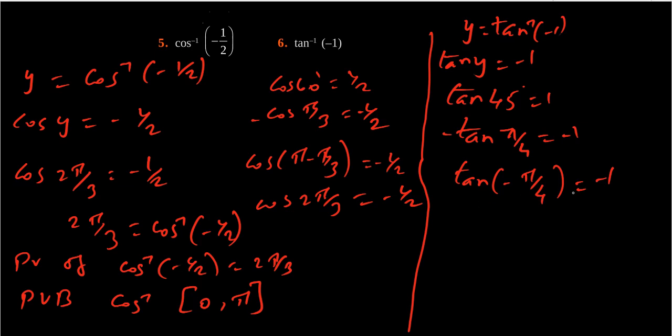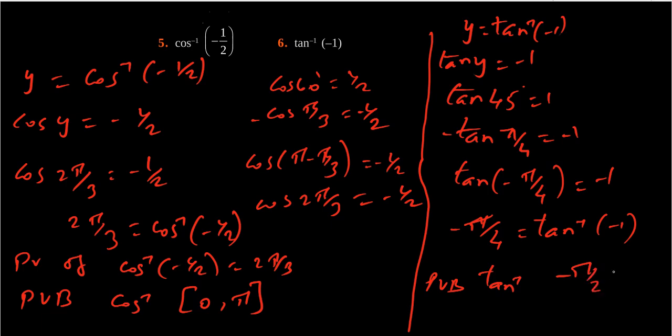If you bring tan to the right hand side, minus pi by 4 is tan inverse of minus 1. And the principal value branch for the tan inverse function is from minus pi by 2 to plus pi by 2.